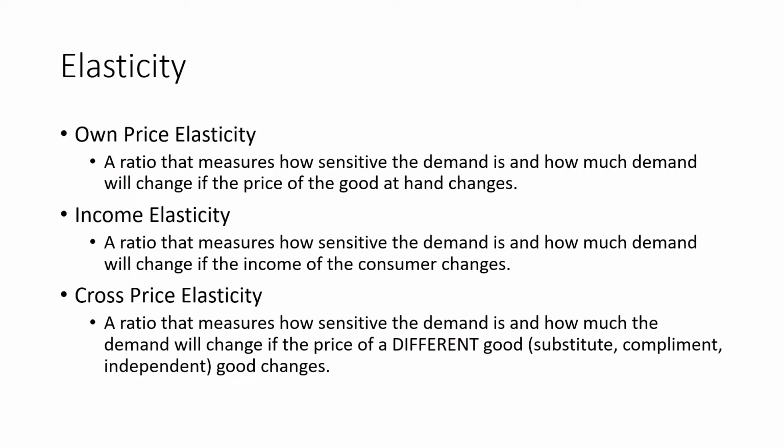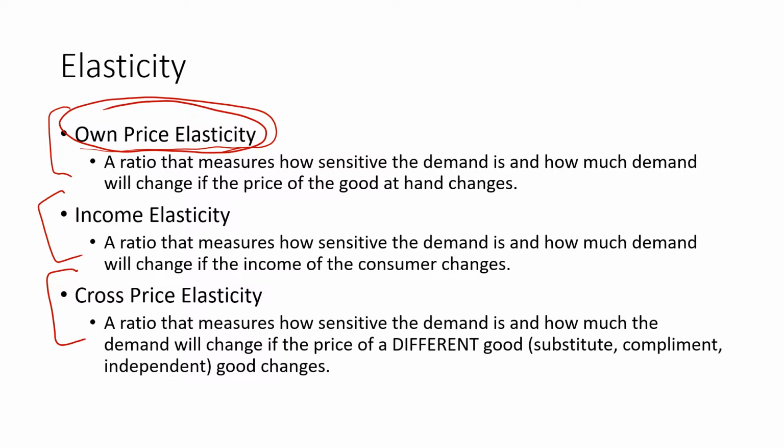We can measure elasticity in three different ways. So we know that demand can change in four different ways, as we saw in the previous slide, but we're going to look at three of those ways. The first way is demand can change if the price of that particular good changes. So we have a particular equation to calculate own price elasticity. This is going to be a ratio, and it's going to tell us how sensitive demand is and how much demand will change if the price of a good at hand changes.